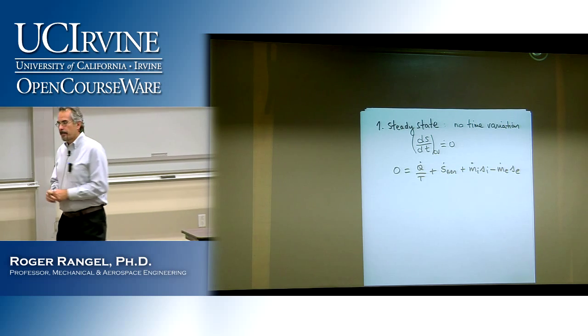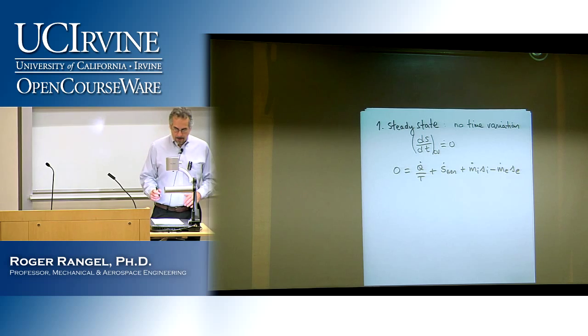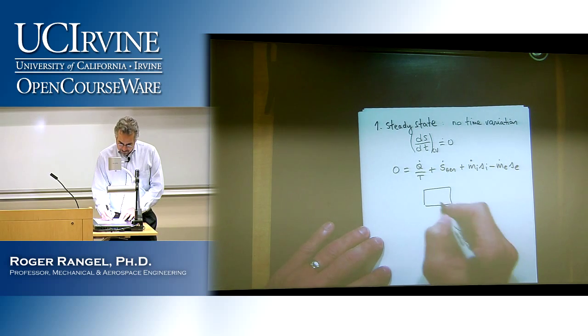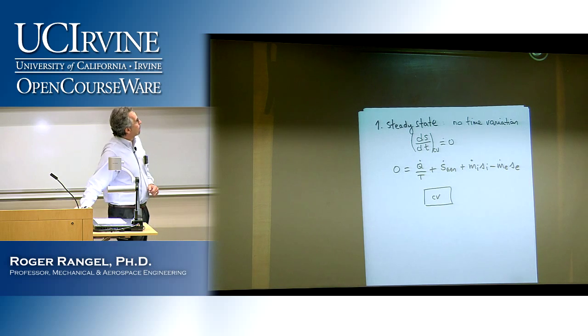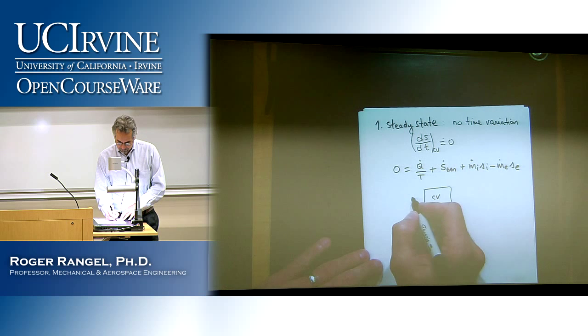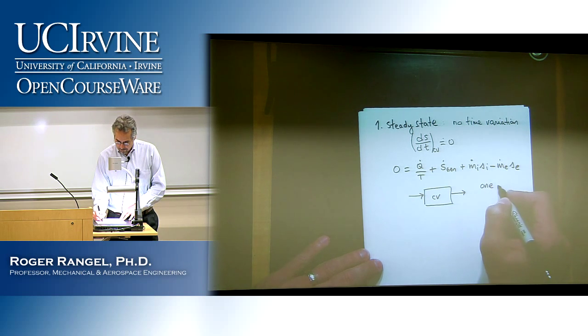There are many situations, most of the problems that you have done, in which your device, let's sketch it as a black box, only has one inlet and one outlet. So one inlet, one outlet.